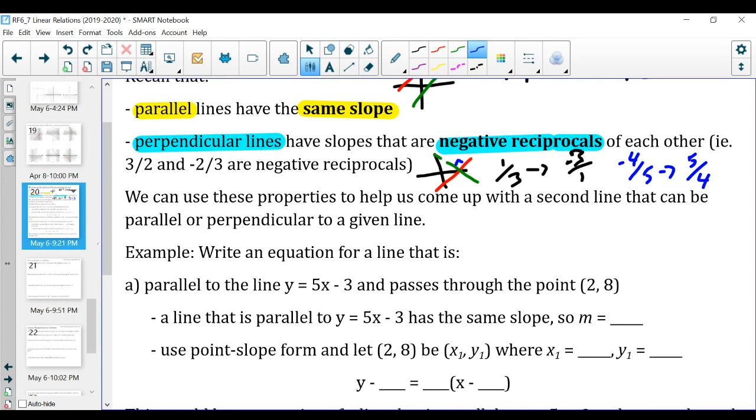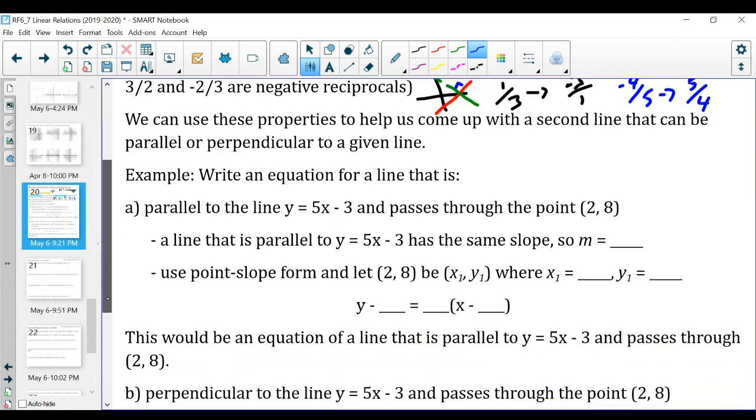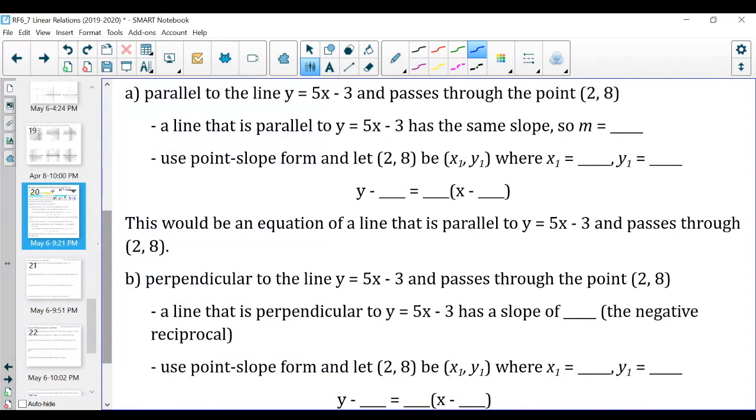So understanding these properties of parallel and perpendicular lines can actually help us figure out a second equation or a second line that we can make parallel or perpendicular to some given line. So let's jump right into a couple of examples. We're being asked to come up with a line that is parallel to the line y equals 5x minus 3, and it passes through the point (2, 8).